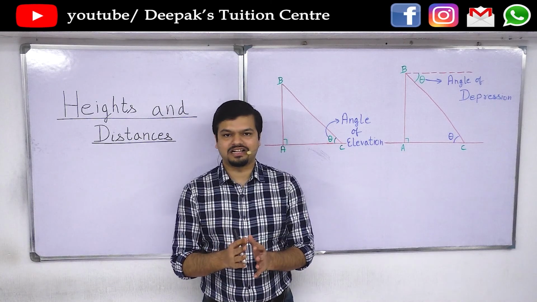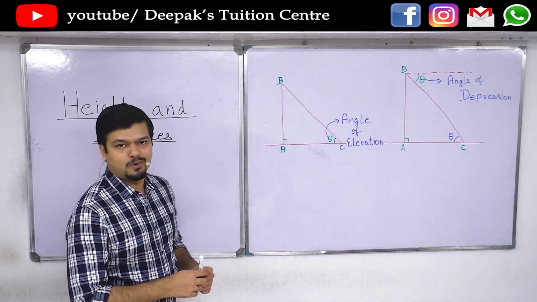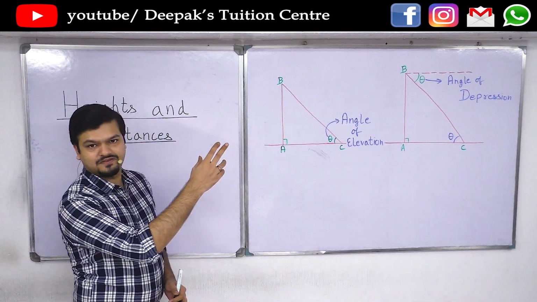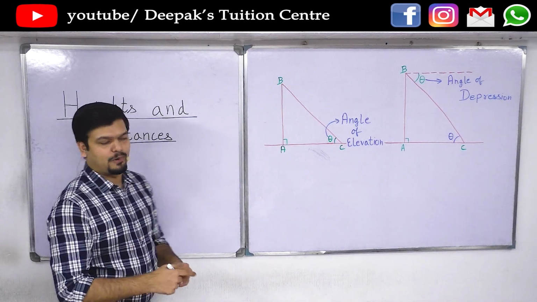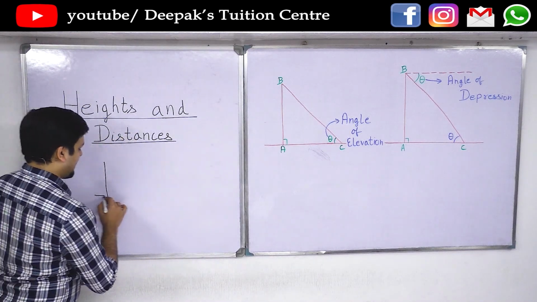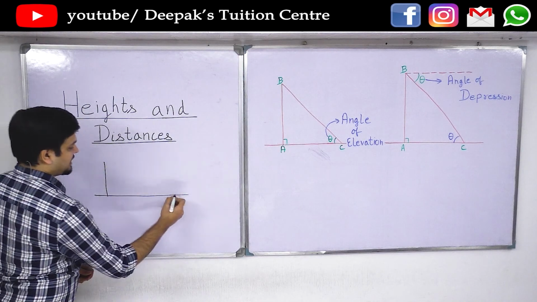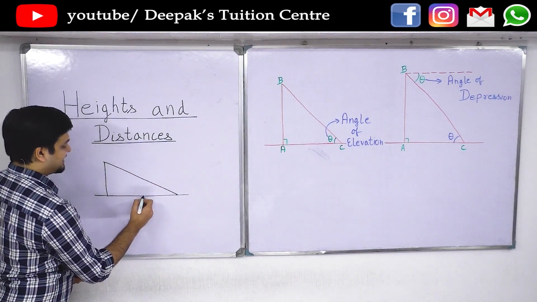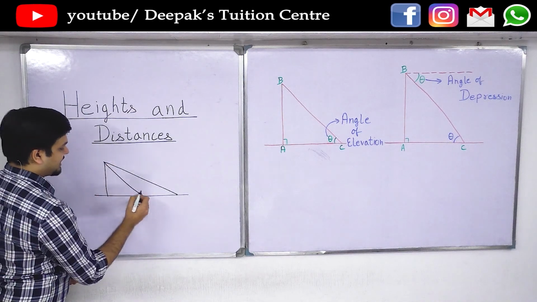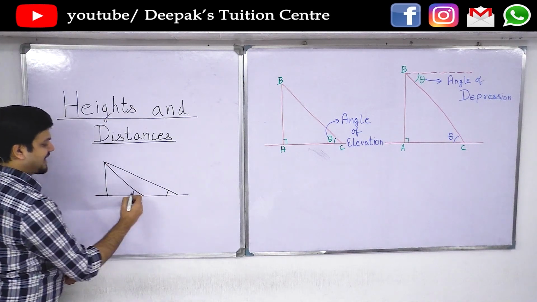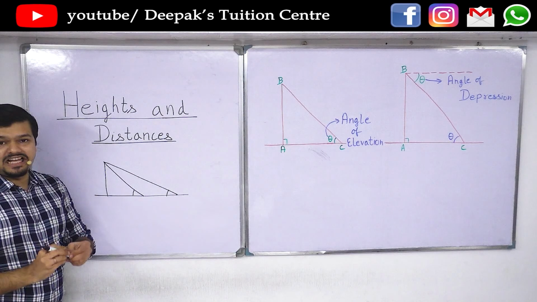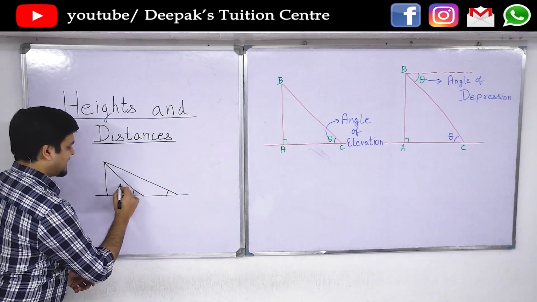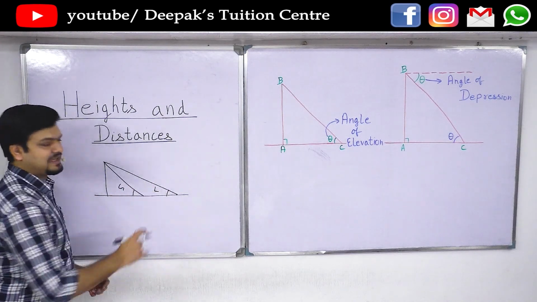One thing you also should understand is that if you are looking at a particular top of the building from two different points, so if this is the top of the building, this is the horizontal ground. First you were looking at the top of the building from this point, and now you are looking at the top of the building from this point. So obviously two different angles of elevation have been formed. It is always true that this will be the greater angle of elevation and this will be the lesser.